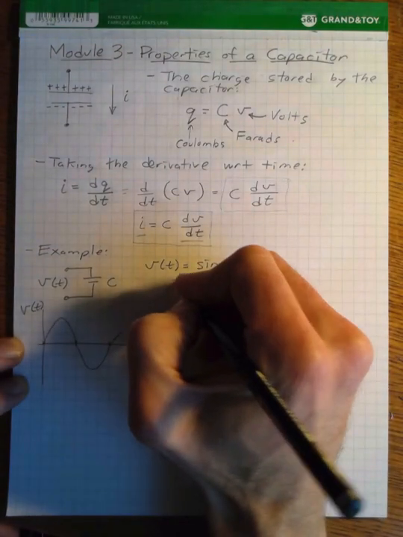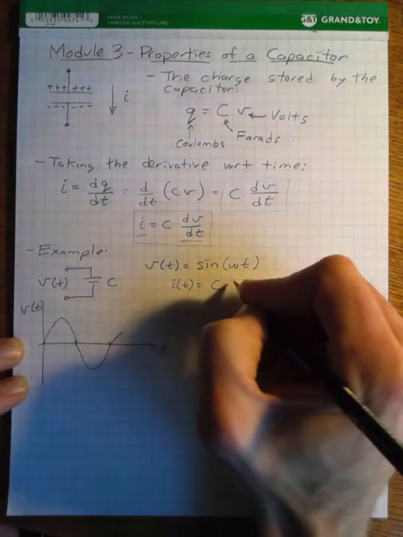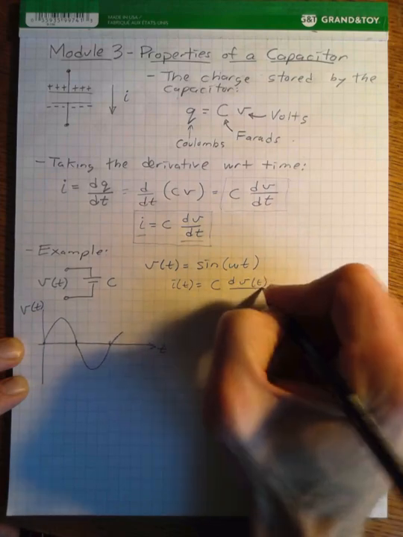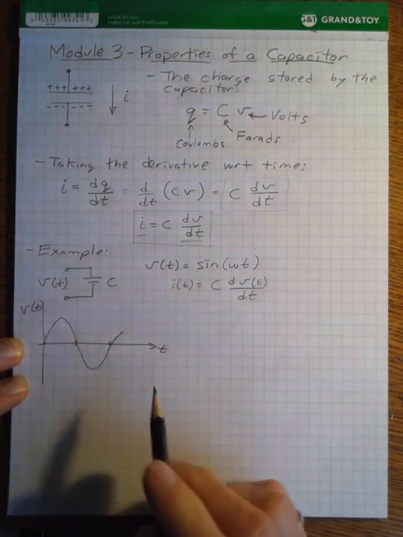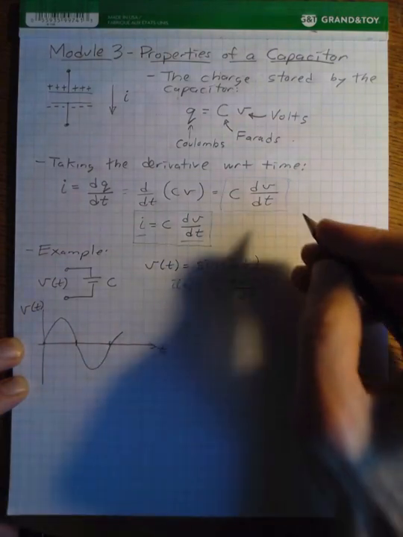The current as a function of time is equal to our capacitance multiplied by the derivative of the voltage. If we take the derivative of the sine function, we get the cosine function.